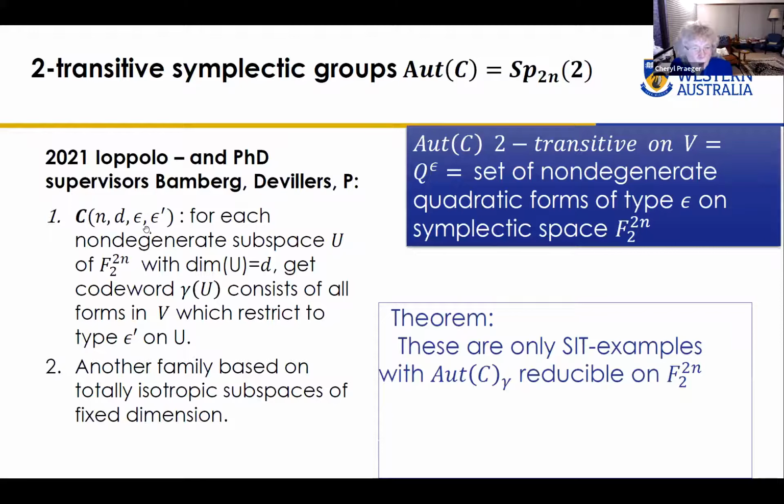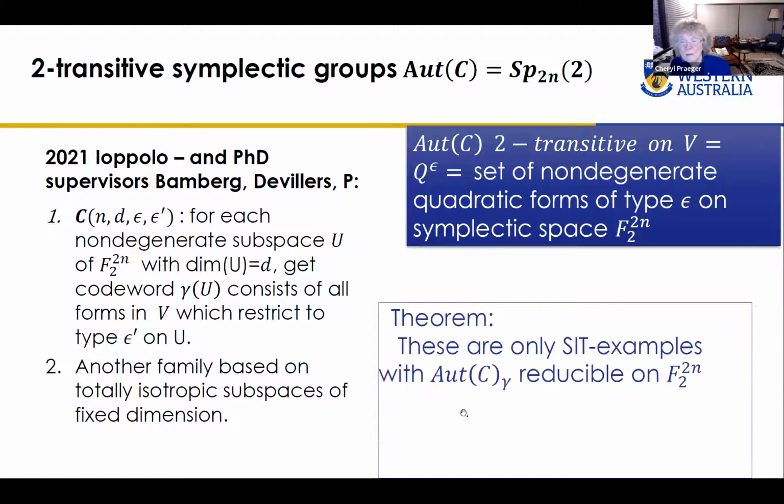So in these codes, the code words are labeled by non-degenerate d-dimensional subspaces U, and the associated code word is all the forms of the right type, epsilon type, which restrict to type epsilon prime on U. So we proved that they're SIT codes. There's another family which is defined rather similarly based on totally isotropic subspaces instead of non-degenerate subspaces.